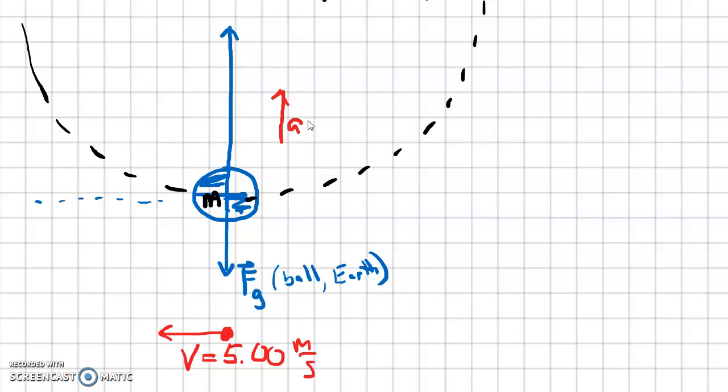Now we know, of course, that's not what happens. So the tension upwards, on the ball because of the string, has to be larger than the force of gravity, since there's acceleration upwards.